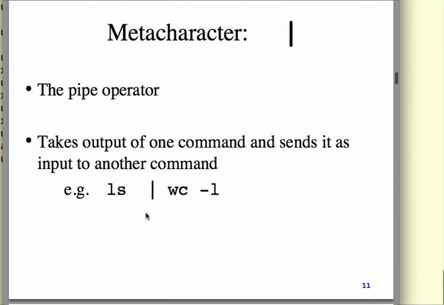I'm going to take a quick look at a special character or meta character, and this is the pipe operator. This is right above your enter key on the right side of the keyboard. What this does is take the output of one command and send it as input to another command. So for example, here's how you would use it.